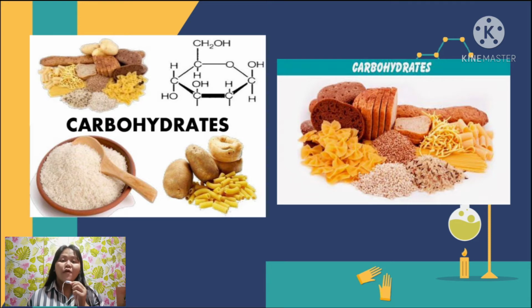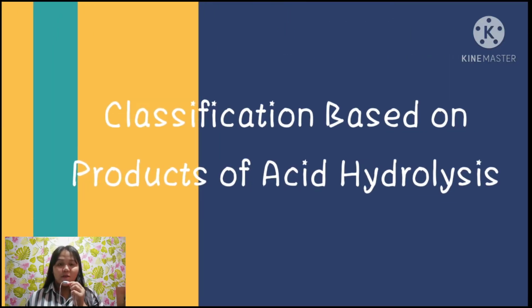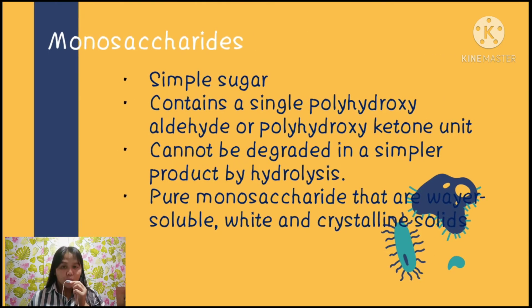There are five types of carbohydrates that have undergone acid hydrolysis. The first one is monosaccharide. A monosaccharide is a simple sugar. It contains a single polyhydroxyaldehyde or polyhydroxyketone unit.